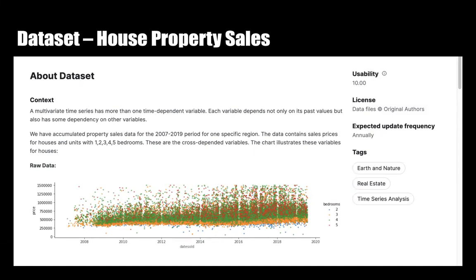In the visualization below, we can see that the dataset ranges from 2007 to 2019, and this data contains the sales prices for houses with units or apartments consisting of bedrooms ranging from 1 bedroom to 5 bedrooms. In the visualization, the red markings are 5 bedroom apartments or units, the green ones are 4 bedroom units, the orange ones are 3 bedroom units, and the blue ones are 2 bedroom units.